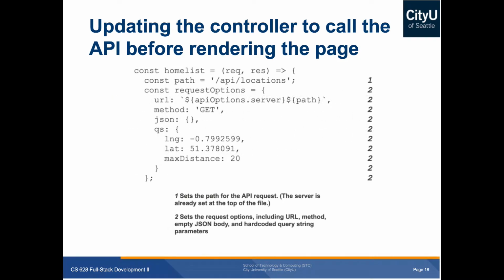Okay, so the home list, you now first create a variable path and add /API/location so that you can reuse that path as part of your request options, right? And this is basically your request option: URL, method, query string.